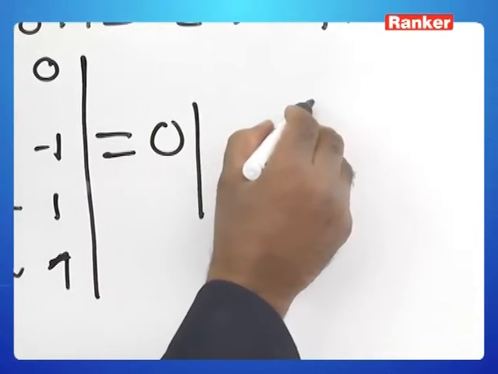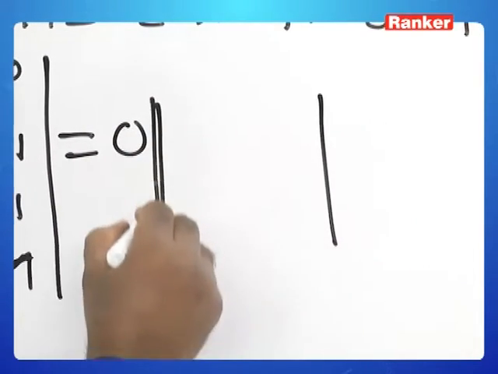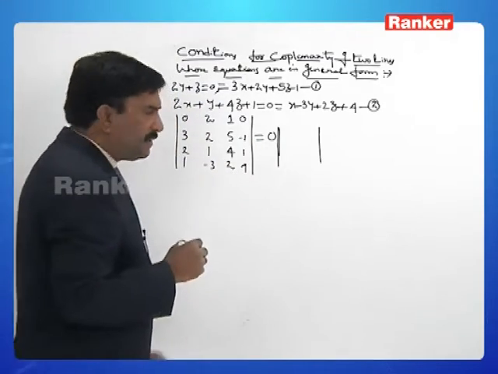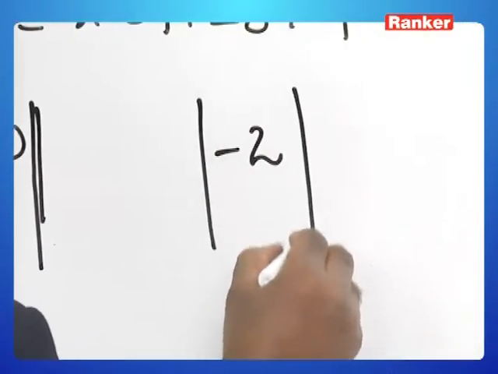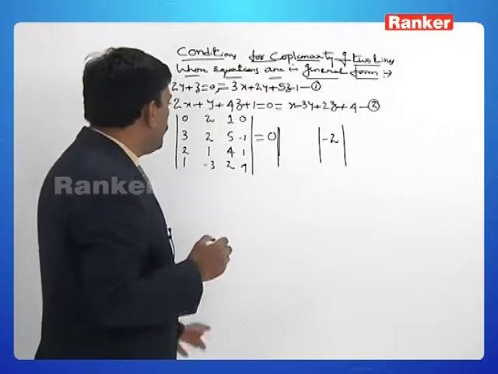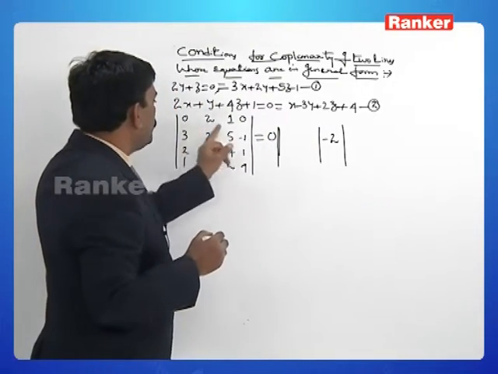0 into any determinant is 0, right? It's a mere waste to expand it. Why 0? Yes, minus 2 into, neglect this row, this column.